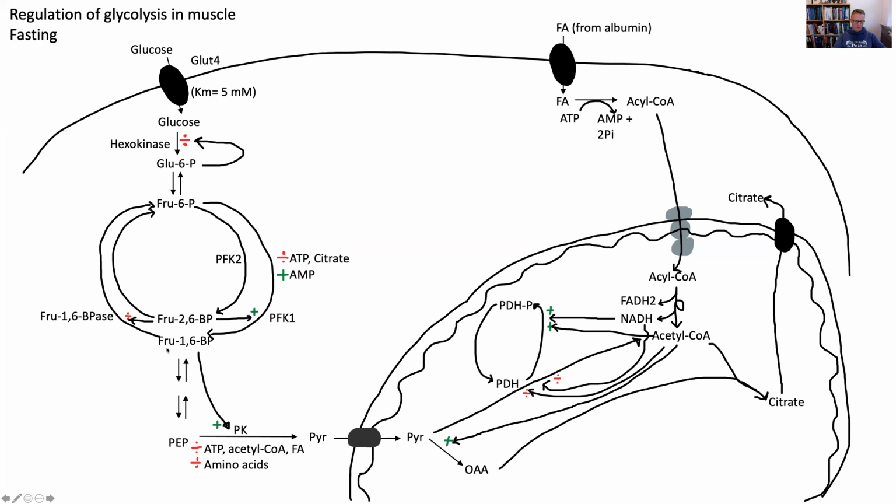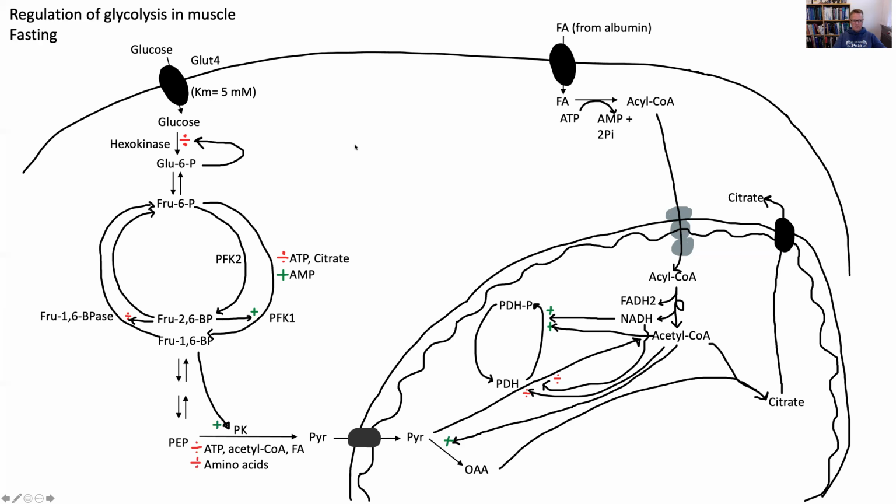And we know that fructose 1,6-bisphosphate can actually also activate the enzyme. But all these different mechanisms will basically result in a strong interaction between fatty acid metabolism and glycolysis.